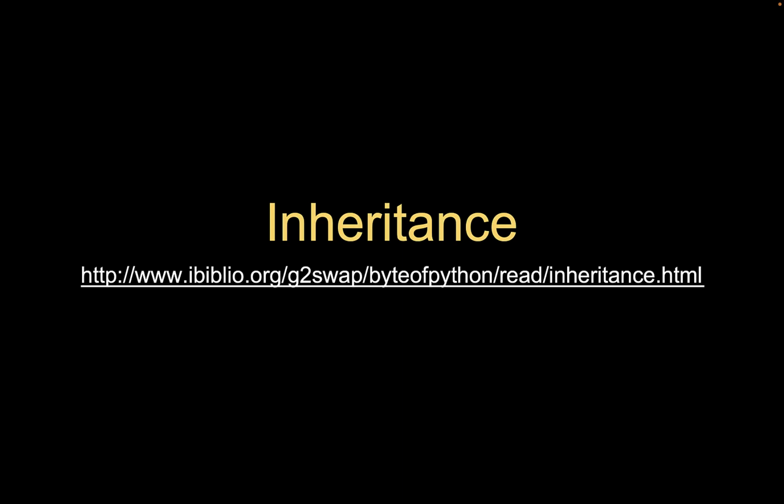But one of the things that can be done with classes that is super powerful is what we call inheritance. Inheritance is the word we use to describe the use of superclasses and subclasses. So now we're going to talk about that and give some examples.